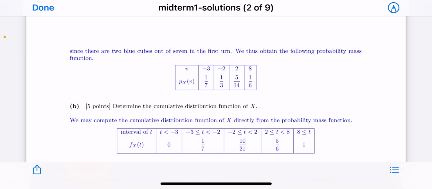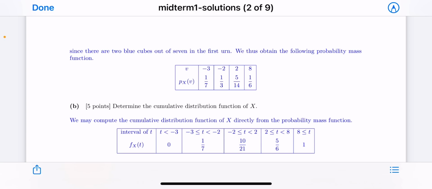So we can see we need to split up the real line into 5 intervals. So we have 3 intervals in the middle between the relevant values, and then we have a left infinite interval where t is less than -3, and we have a right infinite interval where t is greater than or equal to 8.